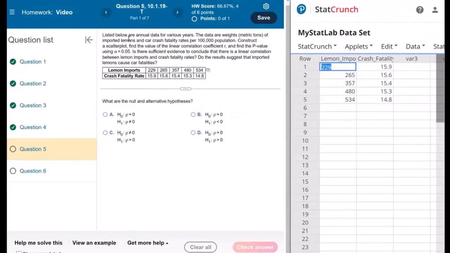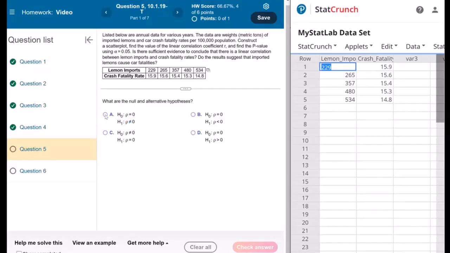Let's grab this. Listed below are annual data for various years. The data are weights in metric tons of imported lemons and car crash fatality rates per 100,000 population. Let's find the claim. The null hypothesis is always going to be rho equals 0.